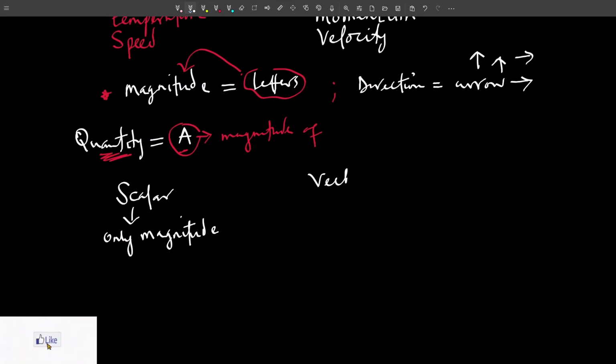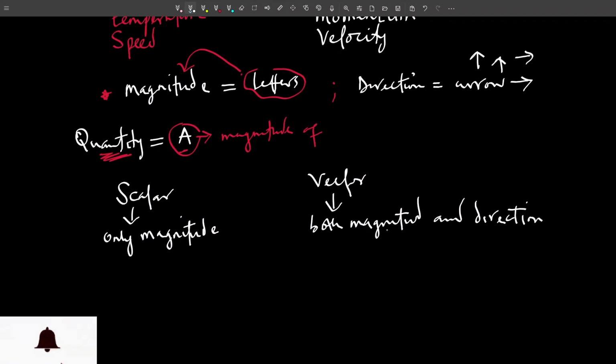Why for vector quantities? Vectors have both magnitude and direction, which means that they have both. How do you represent magnitude again? With letters, and how do you represent direction? With arrows. That means they have both letters and arrows.